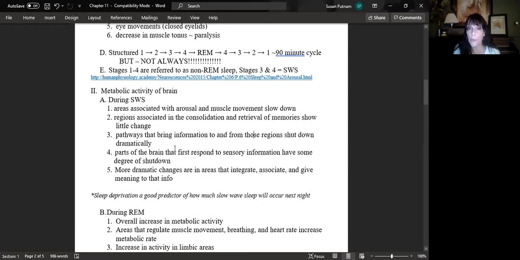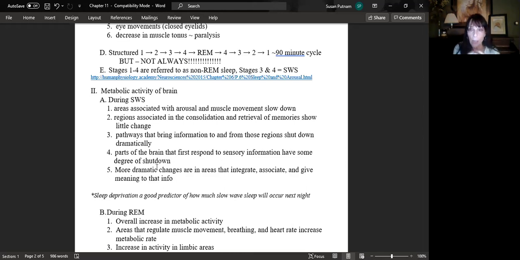Pathways that bring information to and from these particular regions do, though, shut down dramatically. It's almost like for a period of time, these regions that are specifically associated in the consolidation and retrieval of memories are being concentrated. They're working really hard and they're not taking in more work right now.